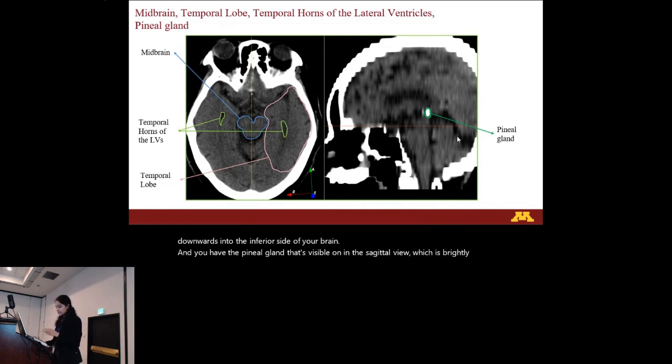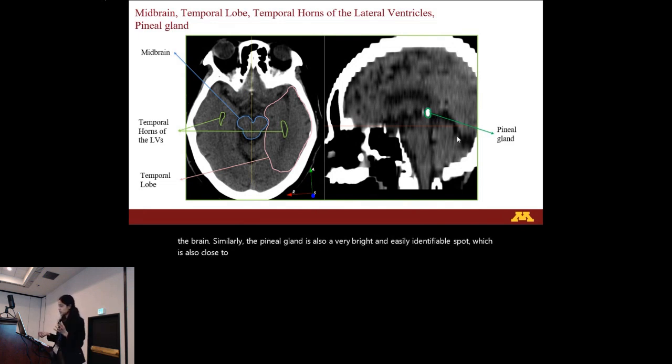Now, what the pineal gland does is it produces melatonin, which helps you sleep better, and it also helps in standardizing your brain. I talked about how the fornix is really important in identifying the midline and standardizing the brain. Similarly, the pineal gland is also a very bright and easily identifiable spot, which is also close to something called the posterior commissure, and it helps you orient your brain.